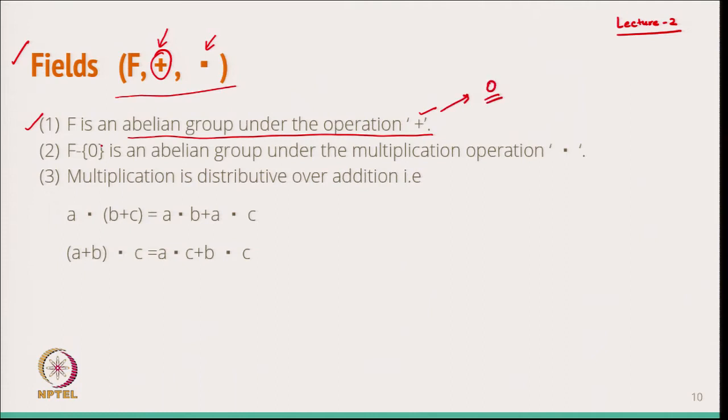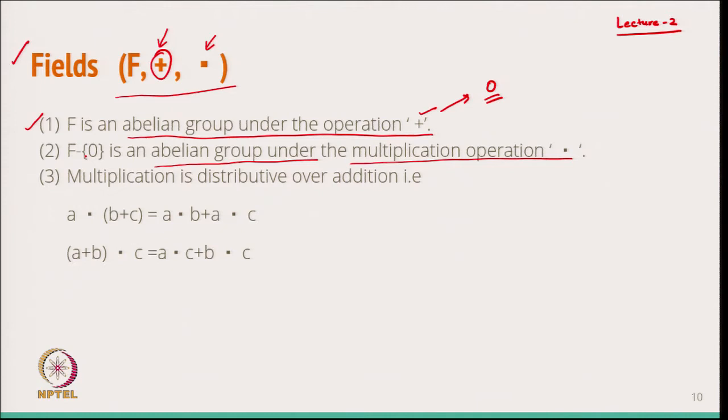Then F minus the element 0 is an abelian group under the multiplication operation. So it is an abelian group under addition and also an abelian group under multiplication; the only thing is that I have to remove the additive identity from the set.